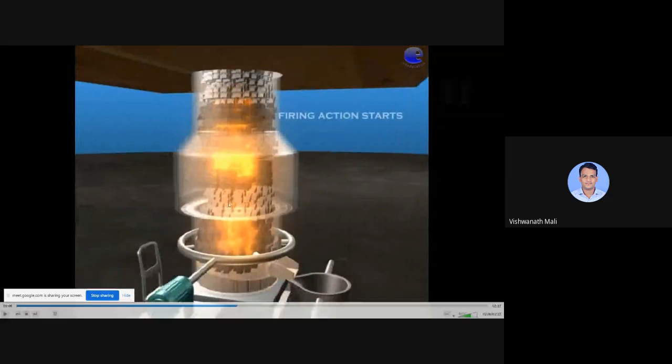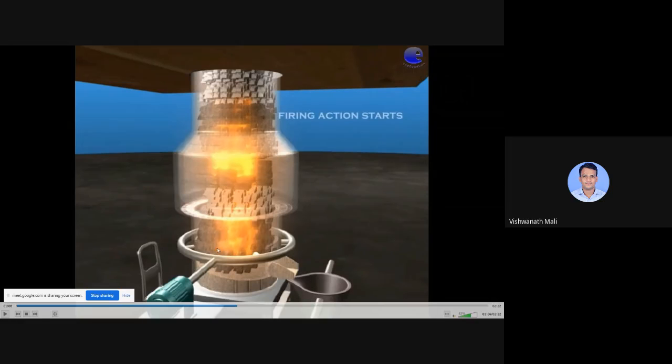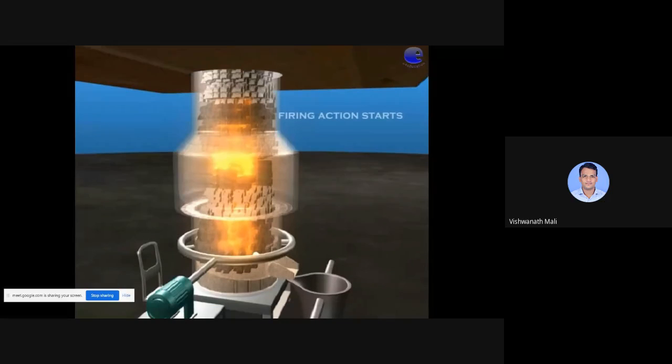Now here you can see. So here is our tapping, and here is our ladle. From the tapping, we get the molten metal. And here you can see the coal, which is used as a fuel. And as we blow the air, the coal will generate more flame, more heat, and that heat is used to melt this scrap or pig iron.